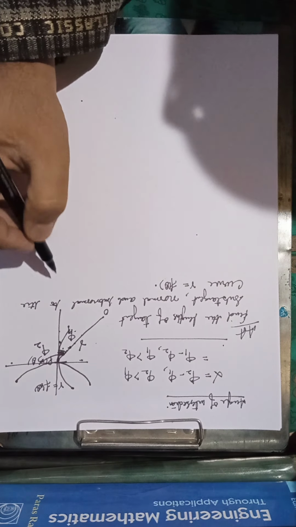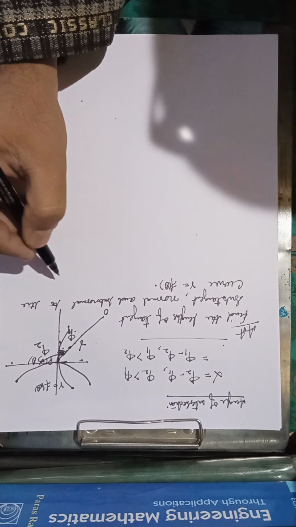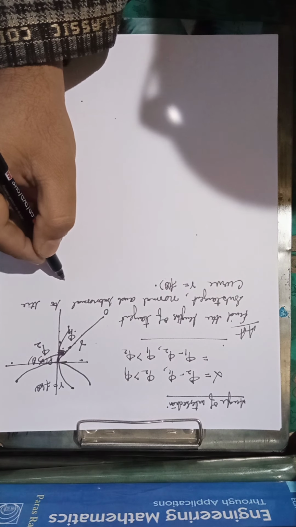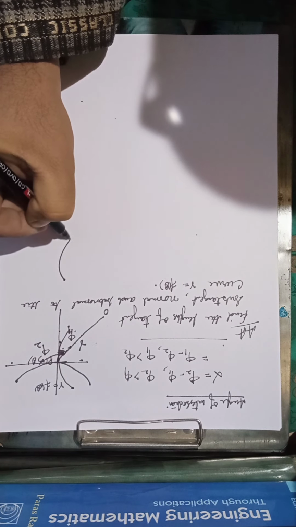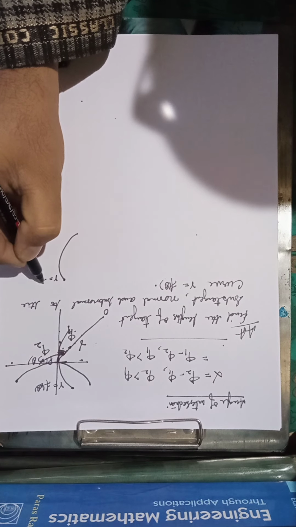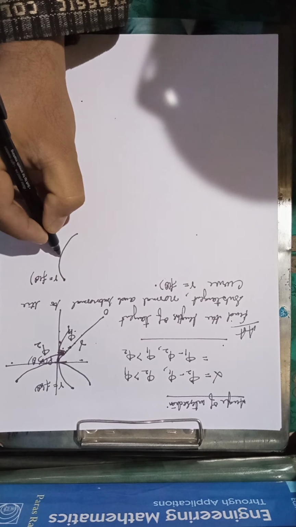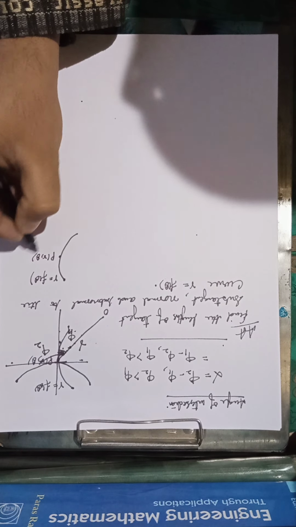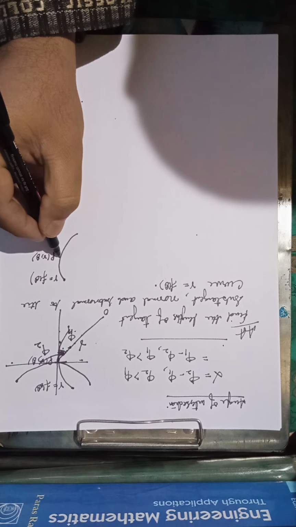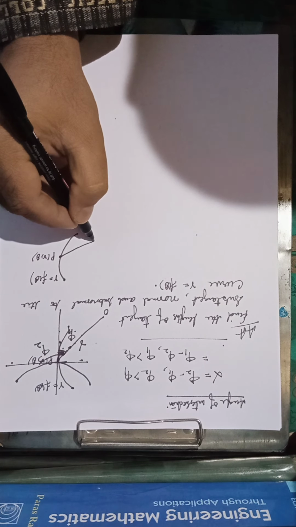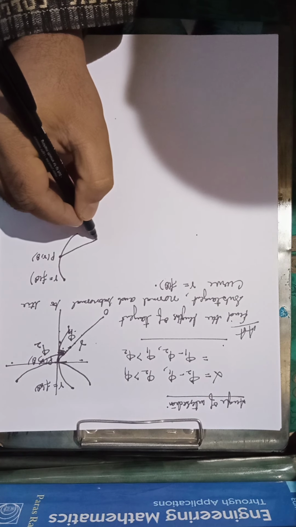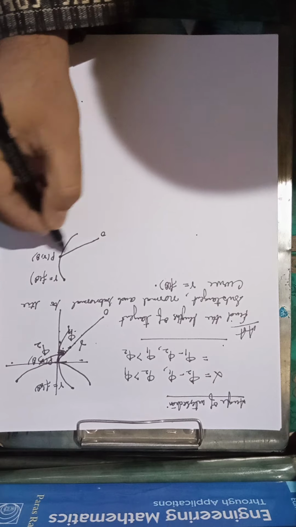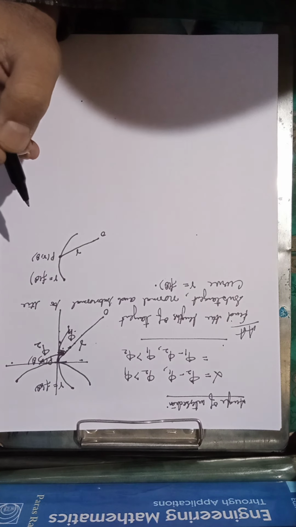You see, let this be the curve r equal f of theta, and this is the point P (r, theta). This is the pole O, then OP is equal to r, you know this.